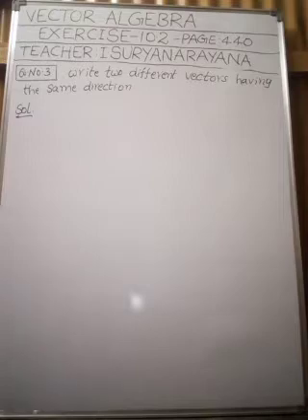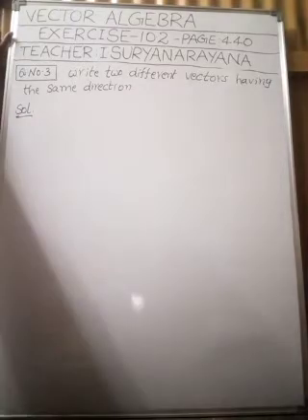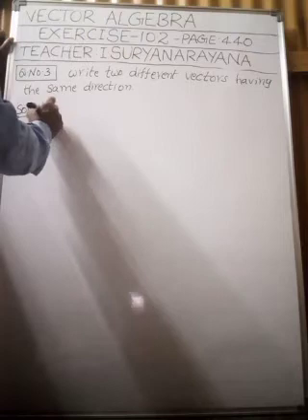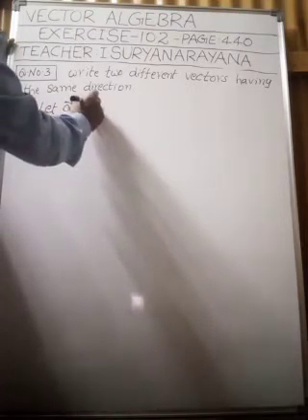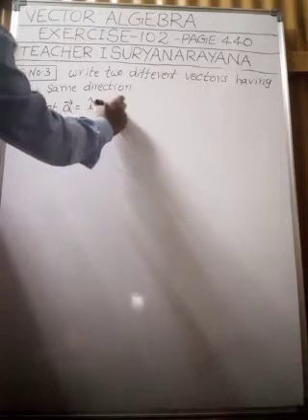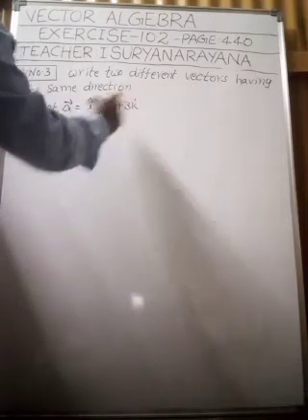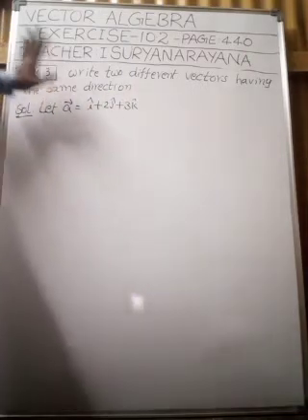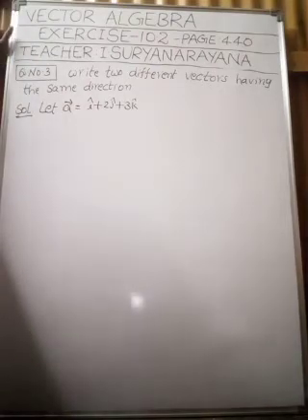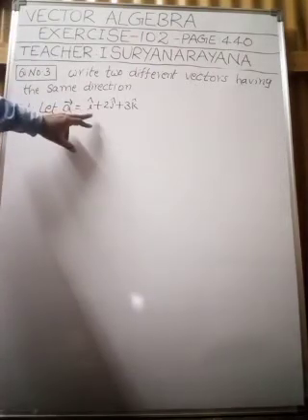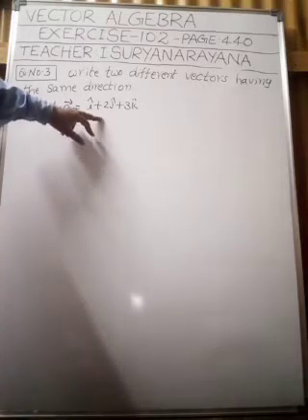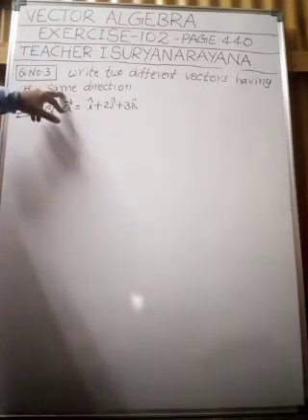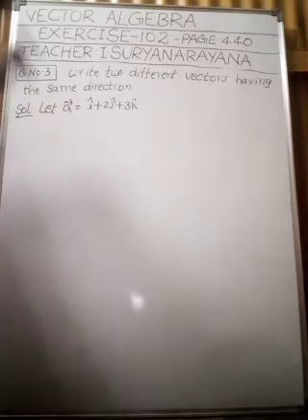Right. Now I have chosen a bar. Let A bar is equal to I cap plus 2j cap plus 3k cap. I have chosen a vector A bar like this. Now we have to find a different vector which is different from this vector A bar, but it should have the same direction that of A bar. Okay, my children.